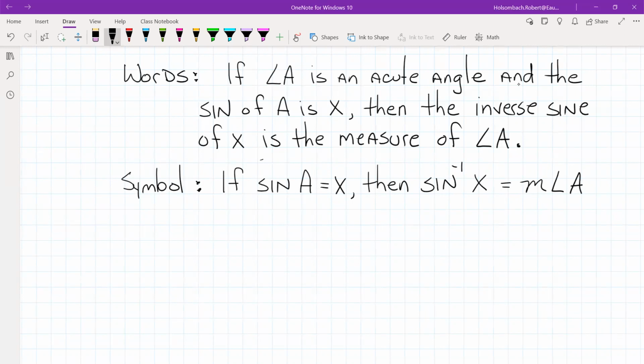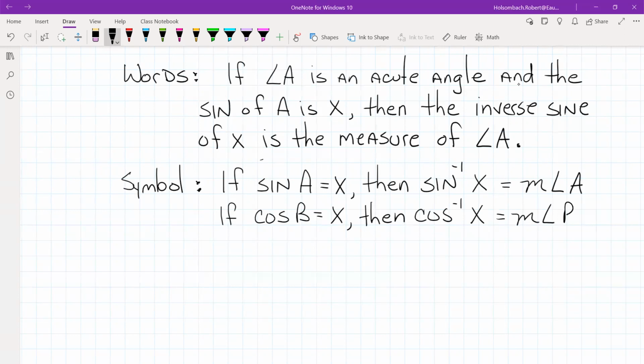So let's get two other symbols down now that you know how the symbol and the words relate. We can also say that if cosine of angle B is equal to x, then inverse cosine of x is equal to the measure of angle B. What they're saying is if you know the sine or cosine of an angle and you push some calculator buttons, you can find the measure of the angle.